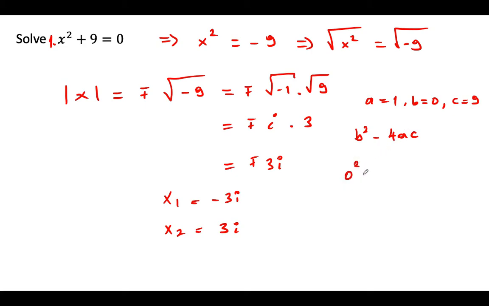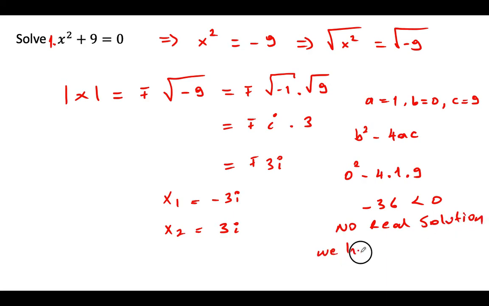It will be 0 squared minus 4 times 1 times 9, which is -36. Since this is -36, there is no real solution. We have complex or imaginary solutions.